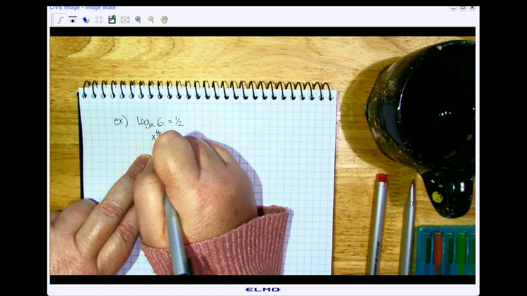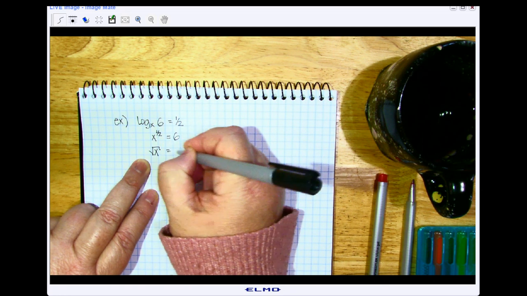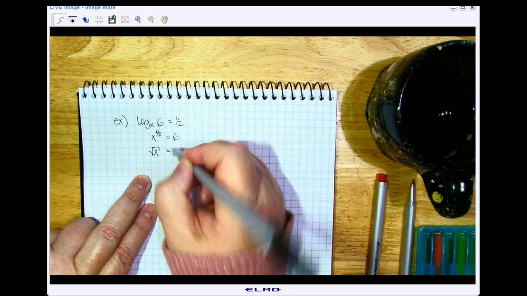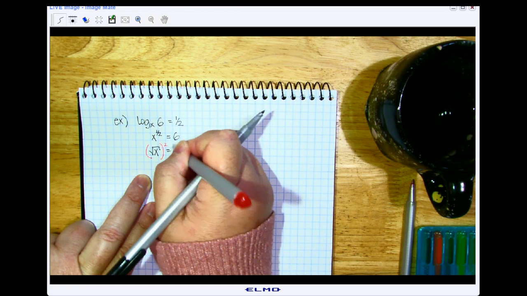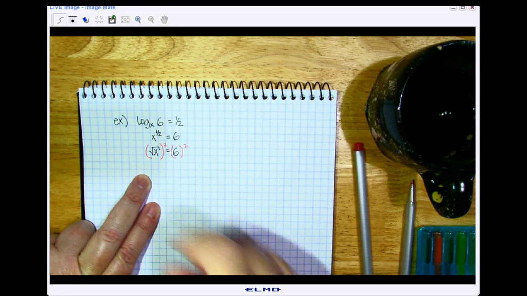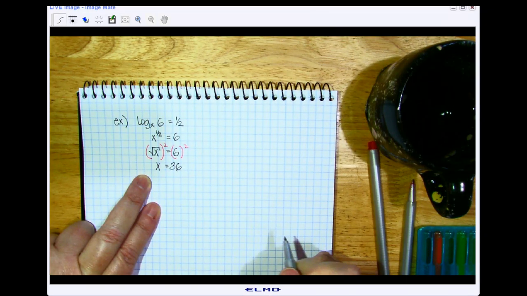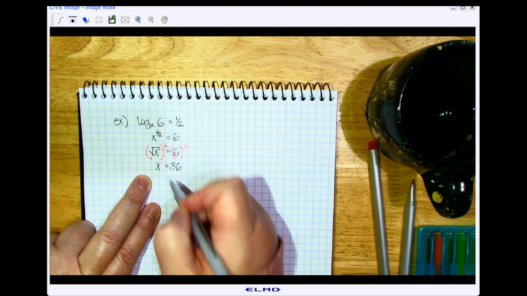Now, x to the 1/2 power means we're looking at the square root of x. So now I'm going to square both sides. And x is 36. This uses the definition of the logarithmic function.